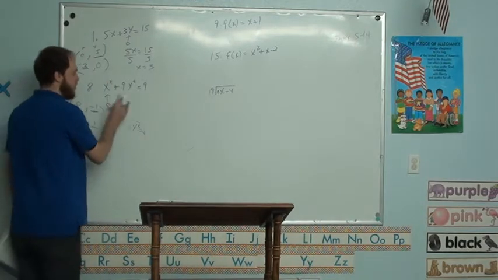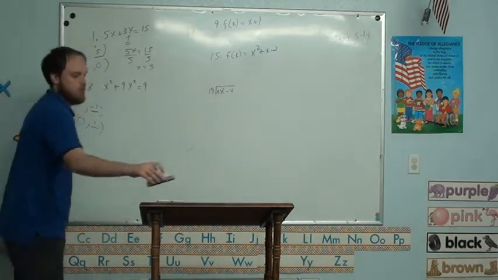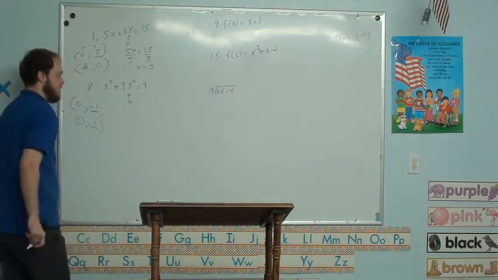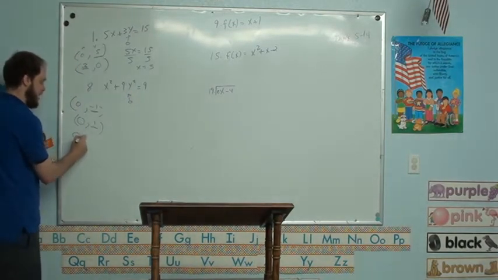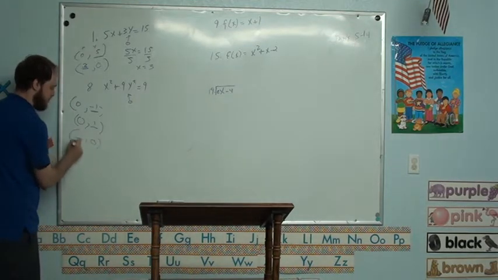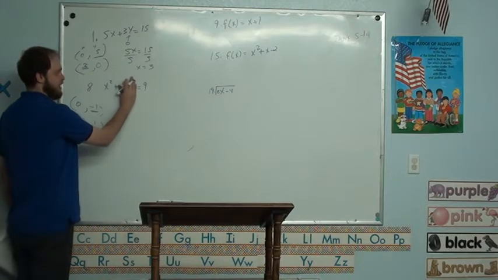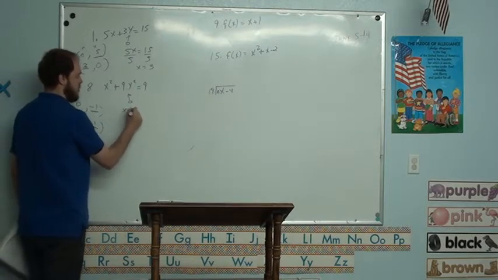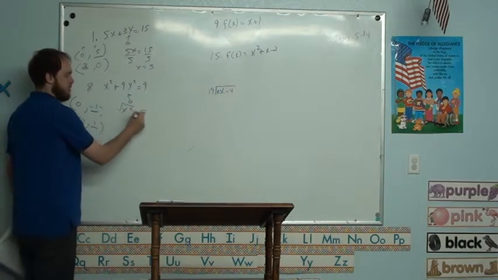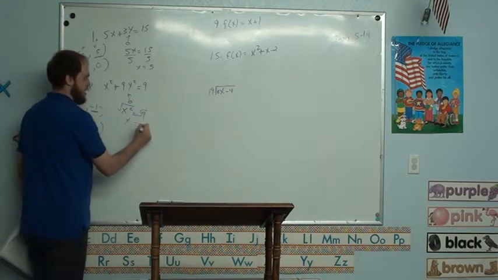Now I'm going to do the one where y is 0. Again, I'm plugging a 0 into the y, so my coordinate will have a 0 in the y, and I'm looking for the x. That term goes away, and it leaves me with x squared equals 9. Then I square root both sides and get x equals plus or minus 3.